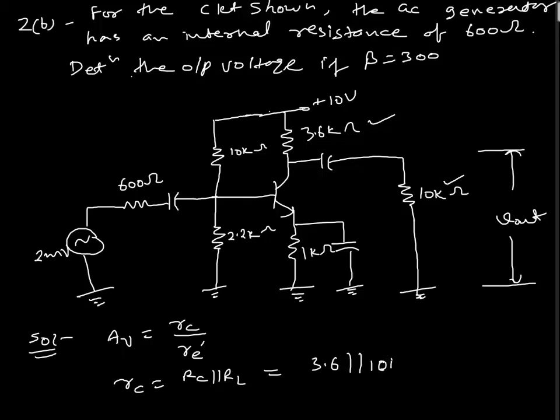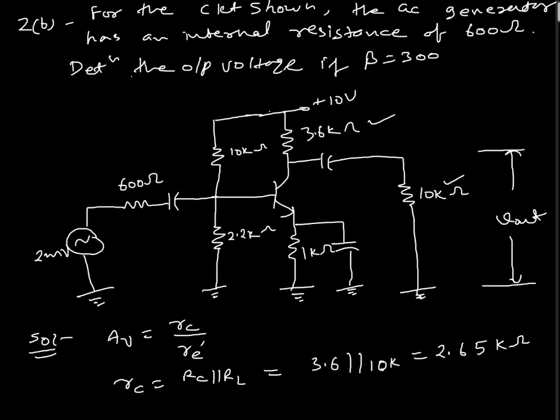If we solve this using product by sum, 3.6 into 10 divided by 3.6 plus 10, this will come as 2.65 kilo ohm. Now RE prime. So what is RE prime?